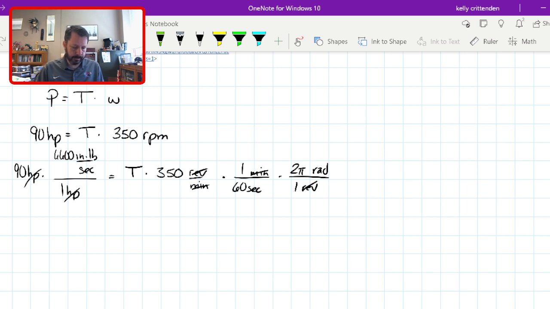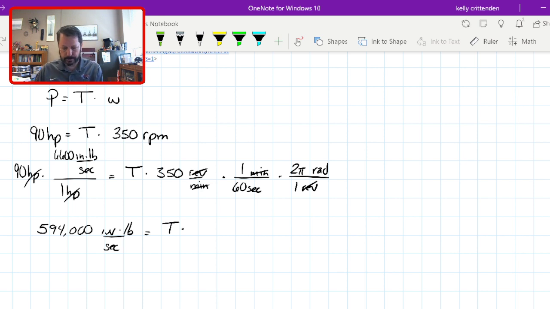So let's get my calculator out. 90 times 6,600. So on the left-hand side, I've got 594,000 inch pounds per second.